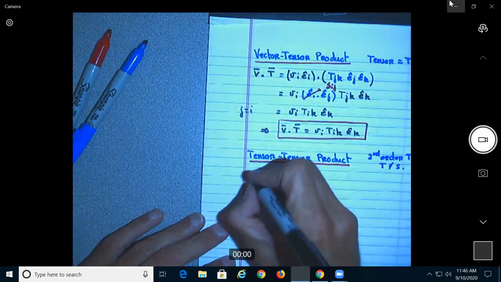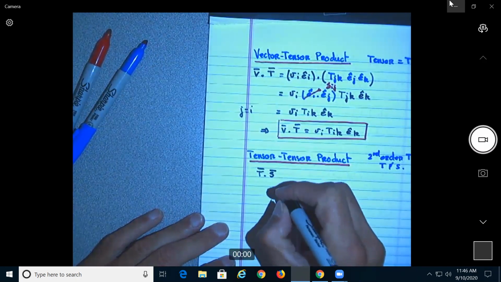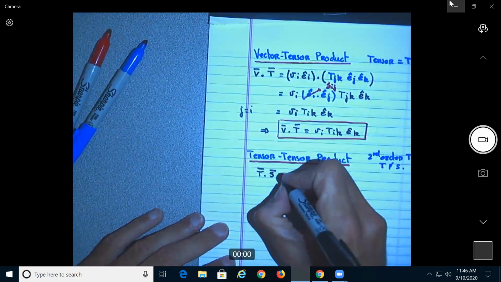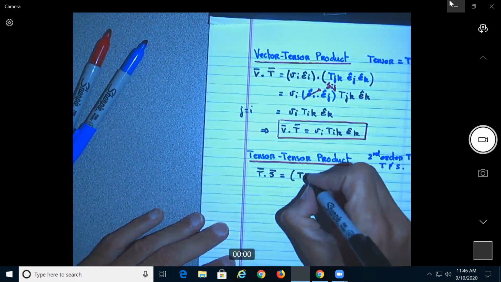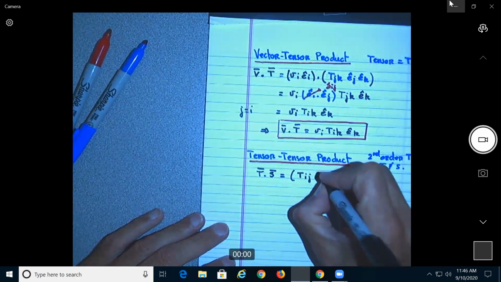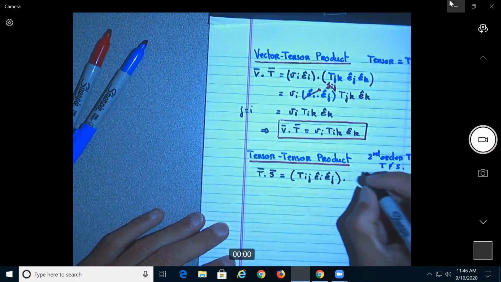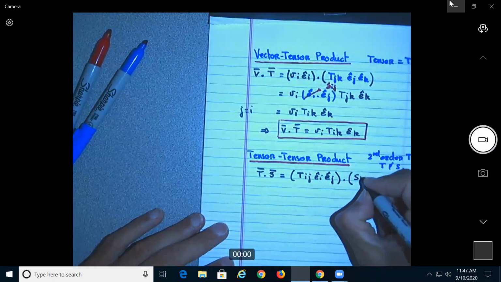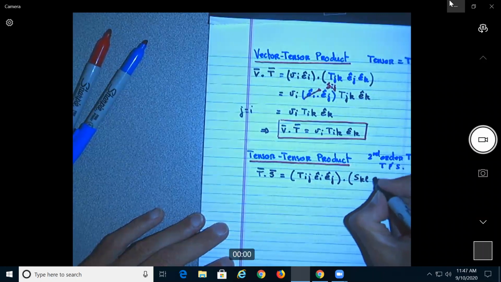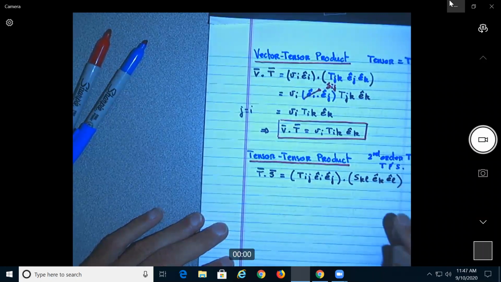So this is going to give tensor T dot tensor S equal to Tij EI EJ dot SKL EK, EL.